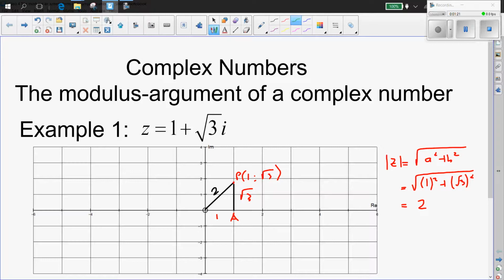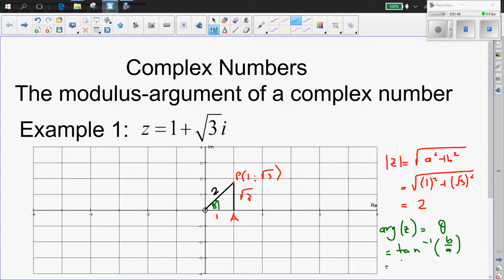The next thing I'm going to do is calculate the argument of z. We call it theta, and to calculate it, it's going to be shift tan, or arctan, of b over a.